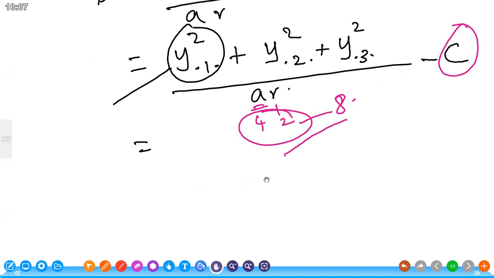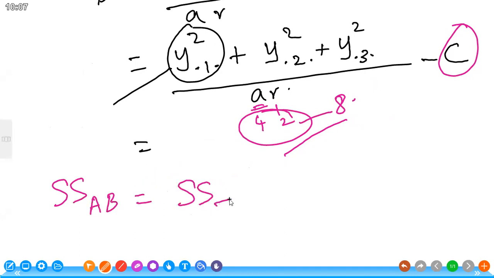Is it clear? Now, if you go to the sums of square of AB, how do we calculate it? Sums of square of treatment minus sums of square of A minus sums of square of B. Look at the formula. It's there in the ANOVA table. Am I right?